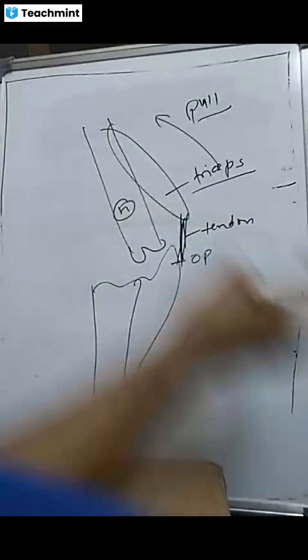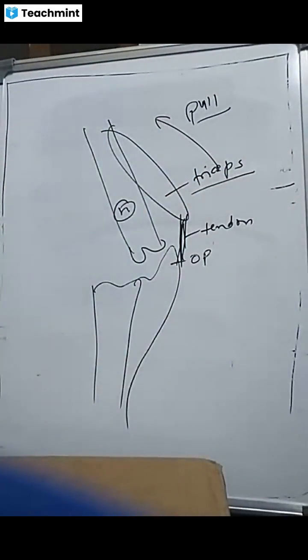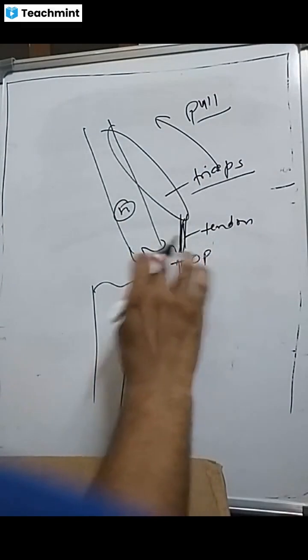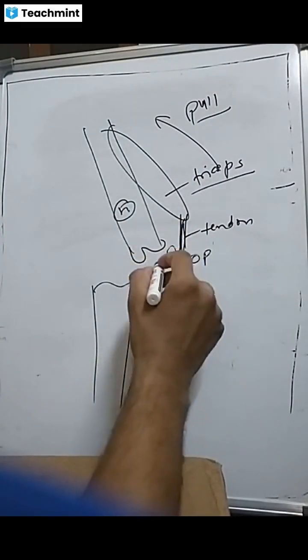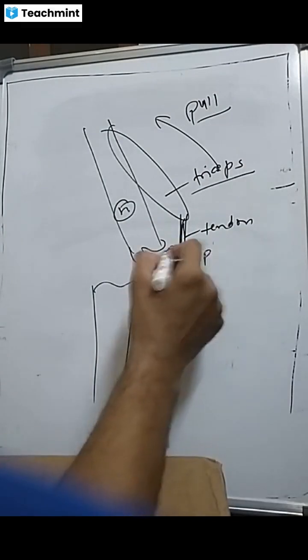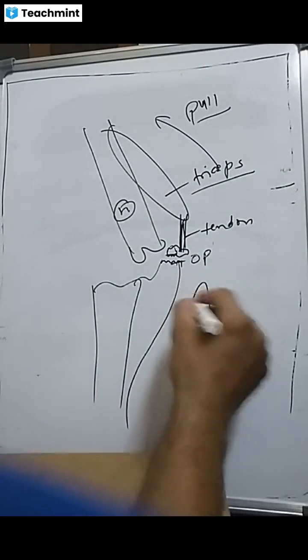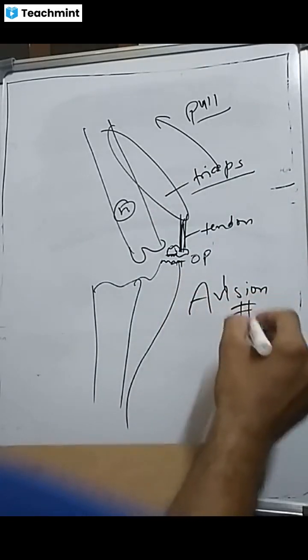When this triceps pulls, sometimes what happens is, because of the force, this forceful pull separates the process from its position along with the tendon. So this is an avulsion fracture of the olecranon.